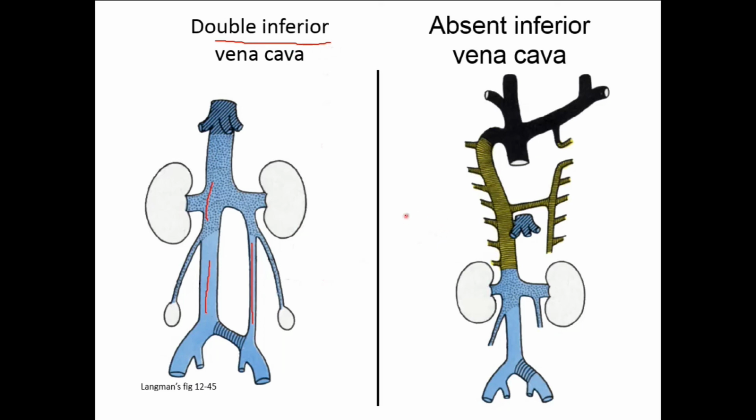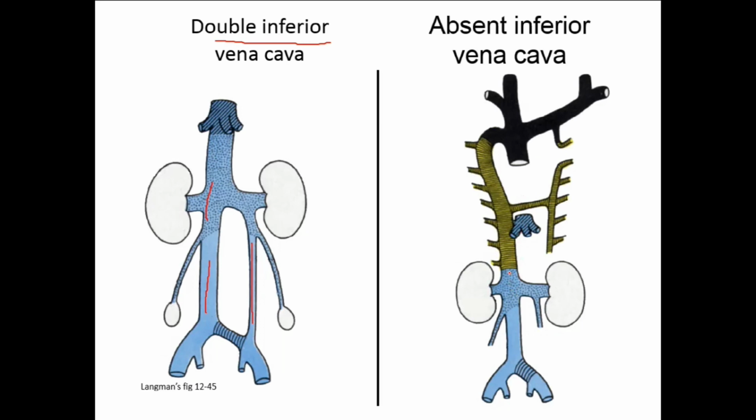Now, absent inferior vena cava. In absent inferior vena cava, usually it is the hepatic segment which is missing, and what will happen then? The renal segment of the inferior vena cava is unable to join the hepatic segment.